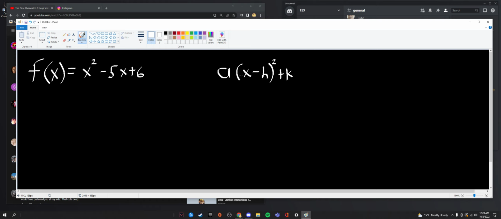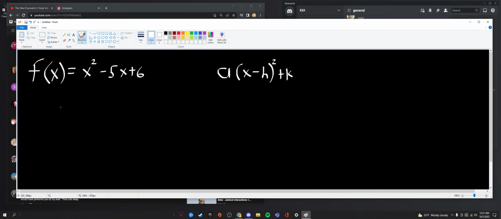Well, as I explained in like two videos ago, we're going to complete the square. What completing the square entails is we take b, in this case negative 5, divided by 2, so negative 5 over 2, and square it, which is positive 25 over 4, and we're just going to add it to just the right side of the equation. But when we do that, we also have to subtract it from the right side of the equation so as to not change the value.